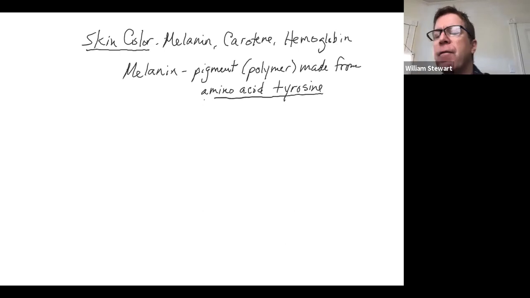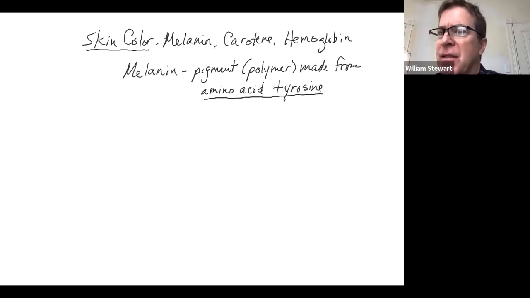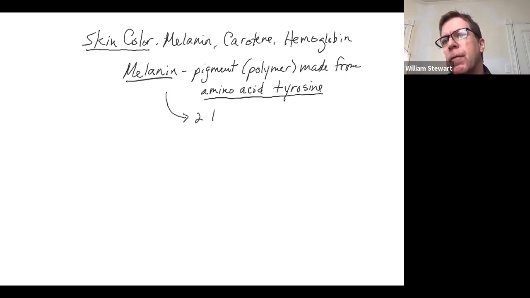So one of the amino acids that we find in the human body is called tyrosine, and that's the basis for the pigment melanin. There are two different types of melanin, by the way, so I'm just going to briefly mention that. One tends to be kind of yellow-red in color, and the other tends to be brownish-black.